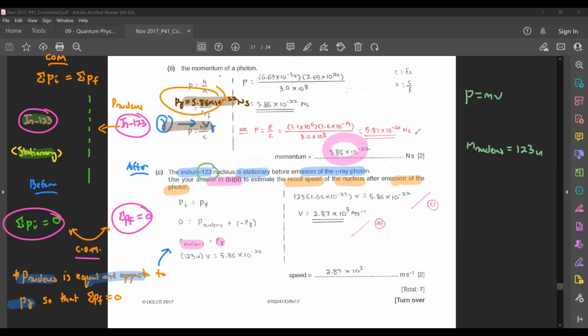And then if you multiply it with your recoil speed, which is this one here, that will give you the momentum of your nucleus. So it's 123u times v equals the momentum of your gamma ray photon. So sub in the value of your unified atomic mass multiplied with the recoil speed, equate it to your gamma ray photon momentum. Eventually, you'll get your final answer as v equals 2.87 times 10 power 3 meters per second. So this one would be your answer.